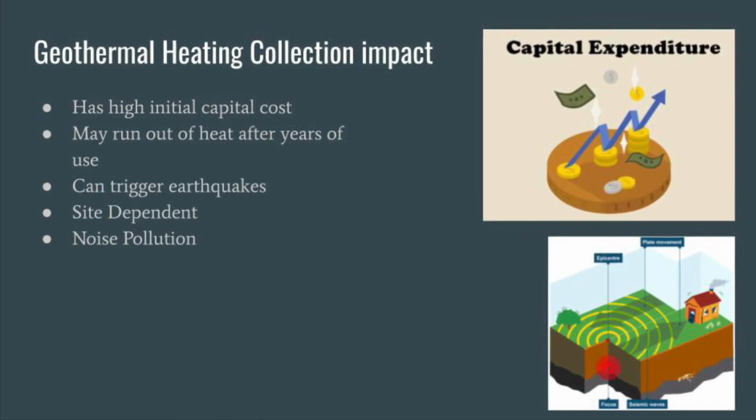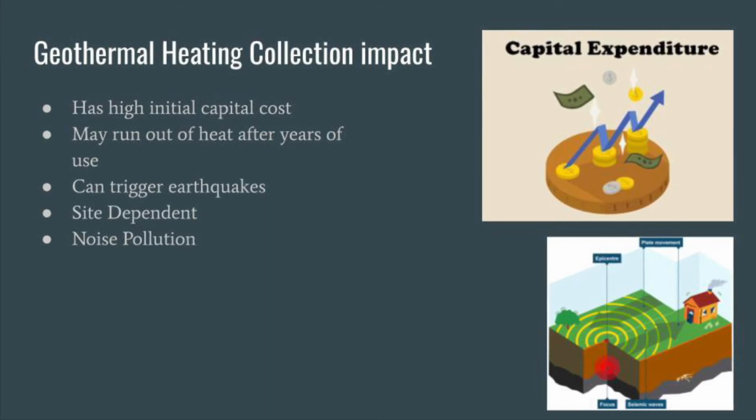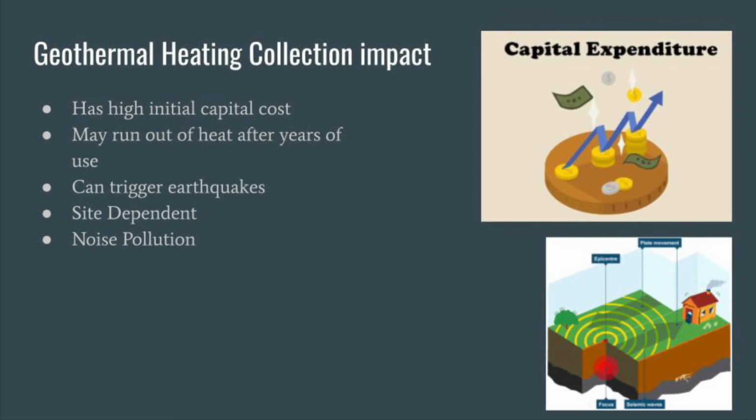Another downside is that when taking steam from below Earth's surface and re-injecting water and taking water or steam out, it can sometimes cause earthquakes due to changing of the subsurface.